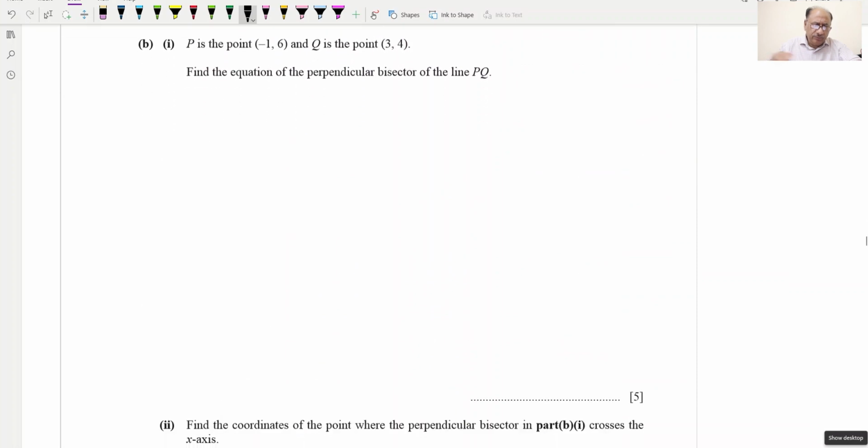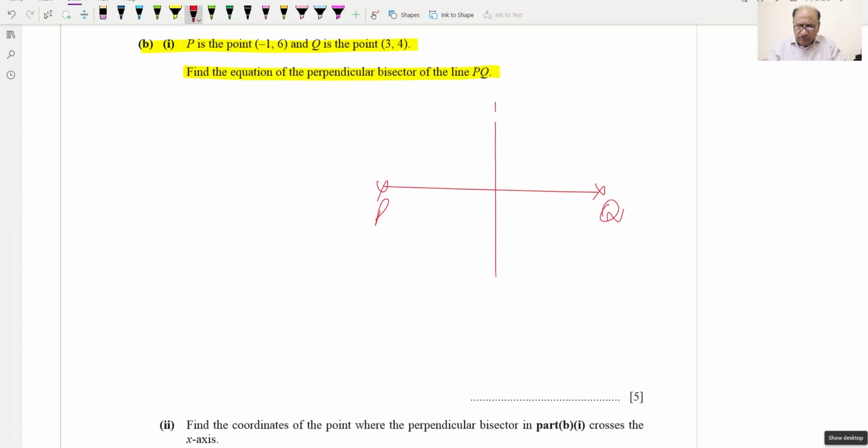Now B part, P is the point -1 and 6, and Q is the point 3 and 4. Find the equation of the perpendicular bisector of the line PQ. So we can consider, for example, these are the 2 points. This is P and this one is Q, and this is the perpendicular bisector.